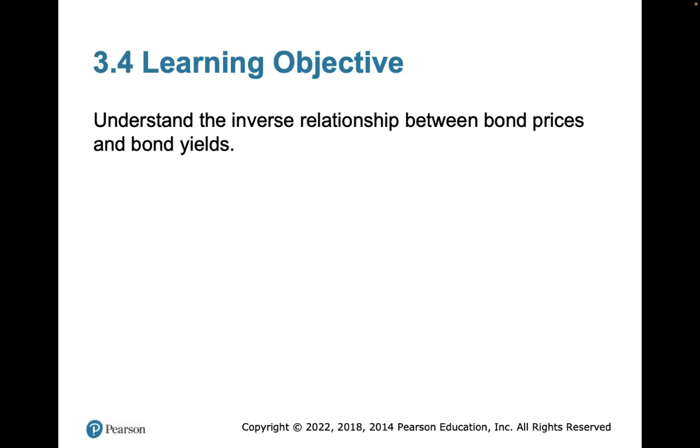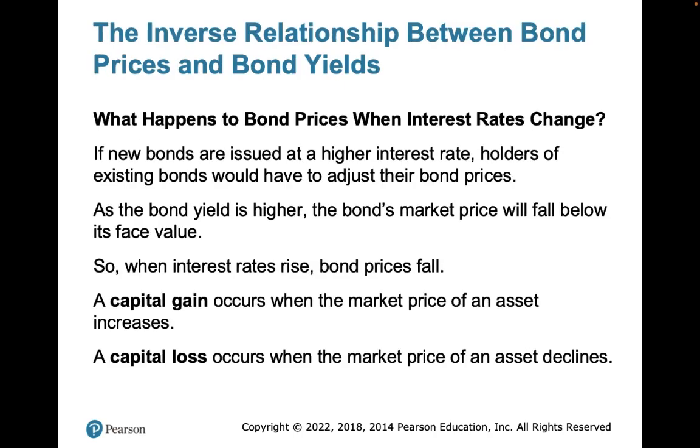So let's move on to understand the inverse relationship between bond prices and bond yields. What happens to bond prices when interest rates change? If new bonds are issued at higher interest rates, the holders of existing bonds will want to adjust their bond prices.